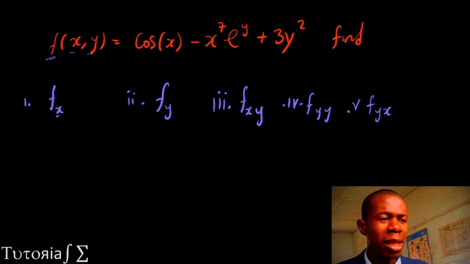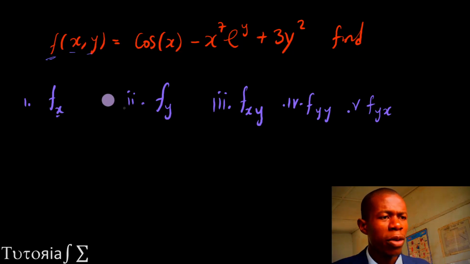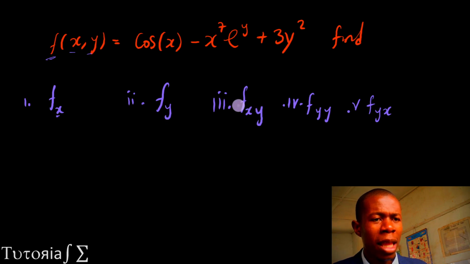This x means you're differentiating f with respect to x. Then here, you're differentiating f with respect to y. And here, you're differentiating f with respect to x, then the answer you get, you differentiate with respect to y.